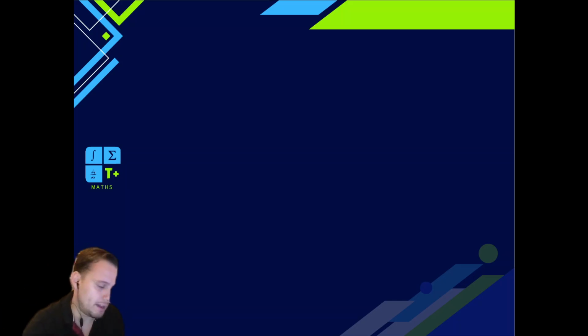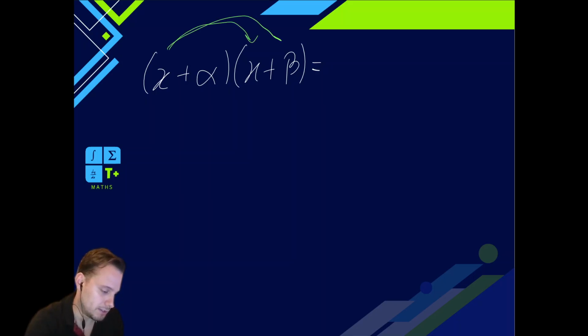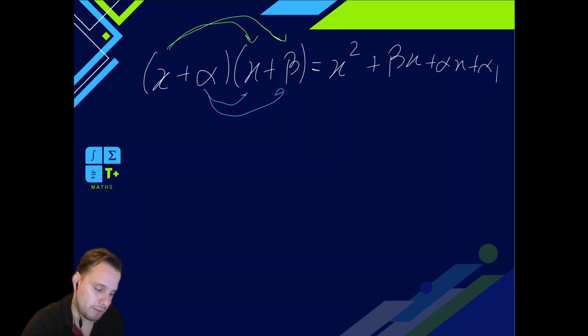Let's say that we have an expression that is factorized. Let's say (x plus alpha) multiplied times (x plus beta). Well, here, if we take some distributive rules, we would be getting x times x will give you x squared, then x times beta will be giving you beta x, then alpha times x will be giving you alpha x, and then alpha times beta will be giving you alpha beta.